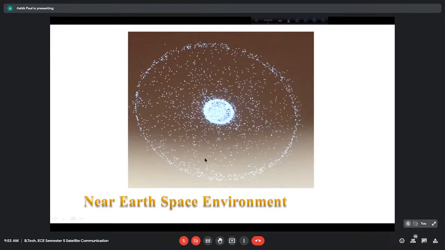Okay, so there are a huge number of space assets surrounding Earth, and some of them are for military applications, or I should say, most of them are for military applications. Some are for commercial applications. A lot of companies have their own satellites, or they are sharing satellites for different kinds of purposes and applications.